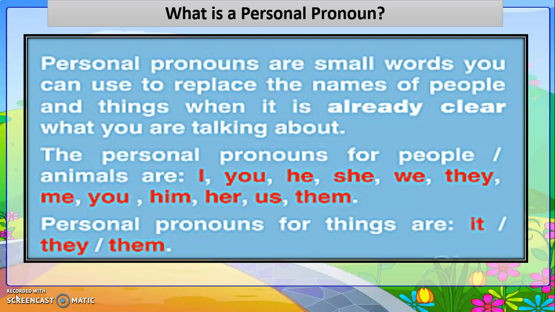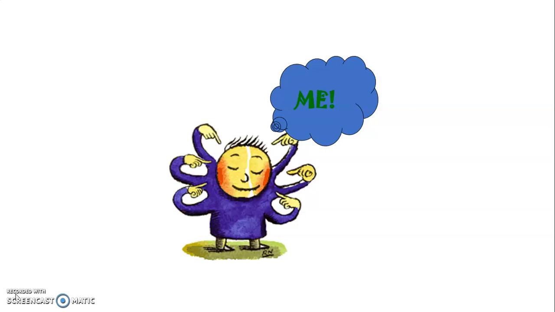The personal pronouns for people or animals are I, you, he, she, we, they, me, you, him, her, us, and them. And personal pronouns for things are it, they, them. All these are the personal pronouns. Here you can see me is the personal pronoun.